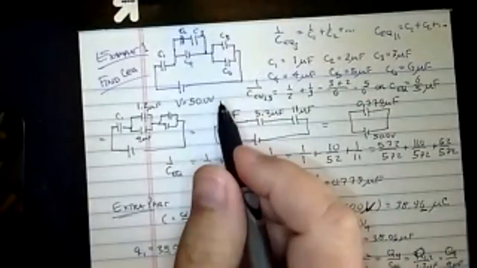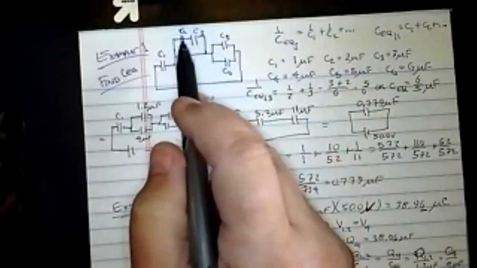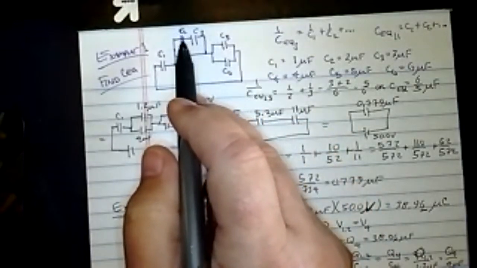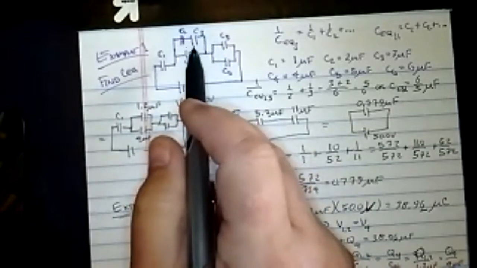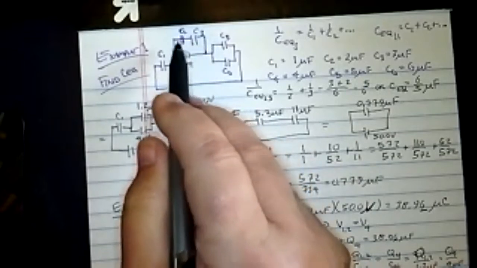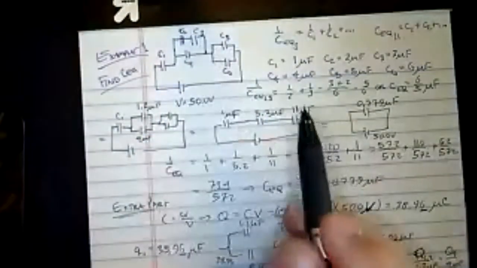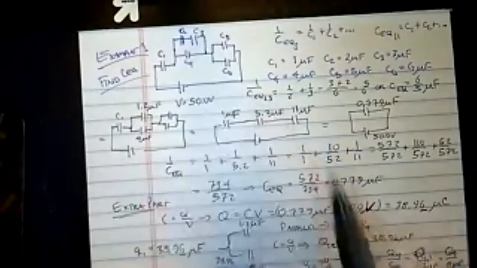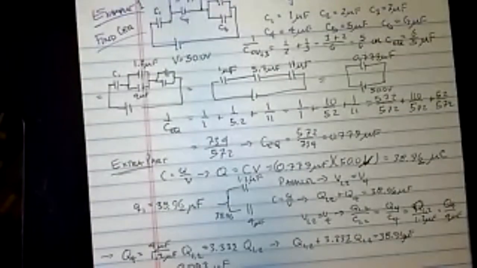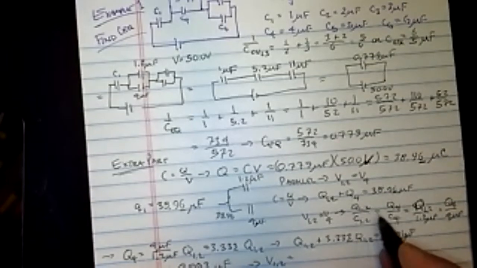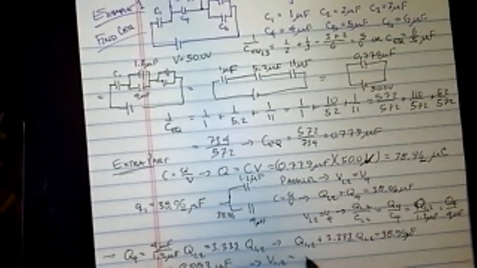What that means, though, is that since these two are going to have basically the same amount of voltage across it, you can then say, okay, well, V2 plus V3 has to equal the total voltage, which is the same as we got over here. We can now figure out what that total voltage, V1.2, is from this. I'm just going to take Q4 and divide it by C4. Well, Q4 we didn't find yet, but I'm going to in a second.